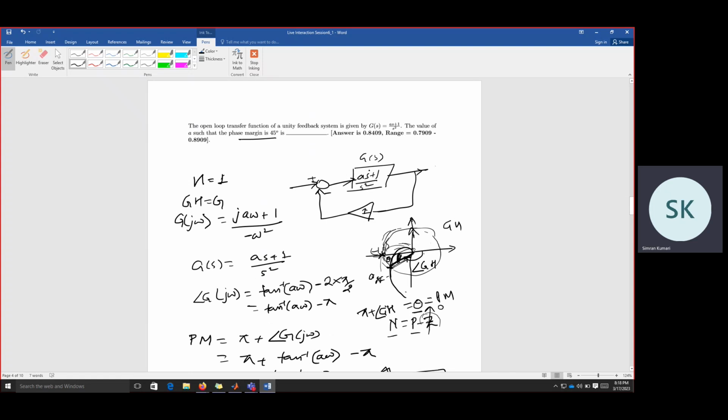We'll see how the Nyquist plot of this one looks, and from there we'll try to find out the phase margin of this one when A is equal to 0.841. Or one thing that we can also do is look at the Bode plot of this one, and check whether at the gain crossover frequency, the phase shift required to turn the system to the verge of instability is 45 degrees. So let us see that.